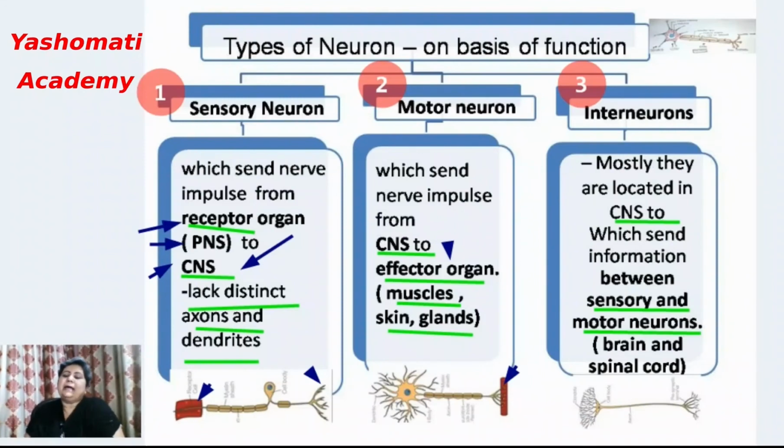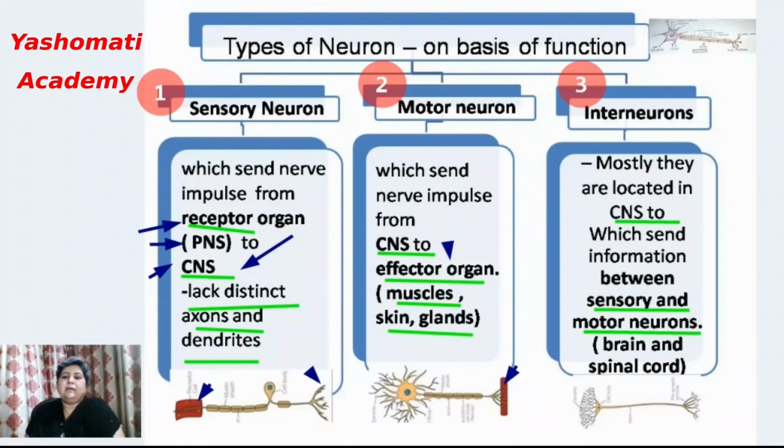So, in other words, we have studied three different types of neurons: sensory neurons, which pass on the sensory information; motor neurons, which initiate the muscle or target organ to act, to work, to show action; and interneurons, which form the connection between sensory neuron and motor neuron.